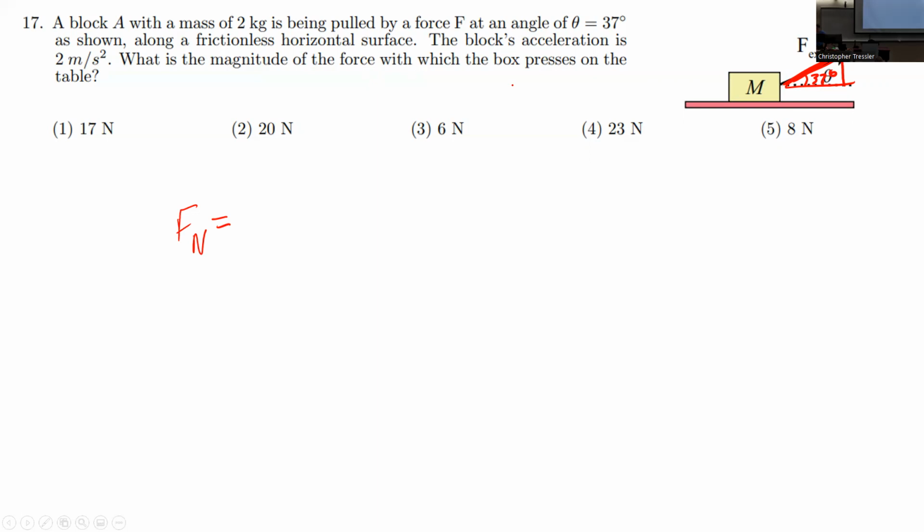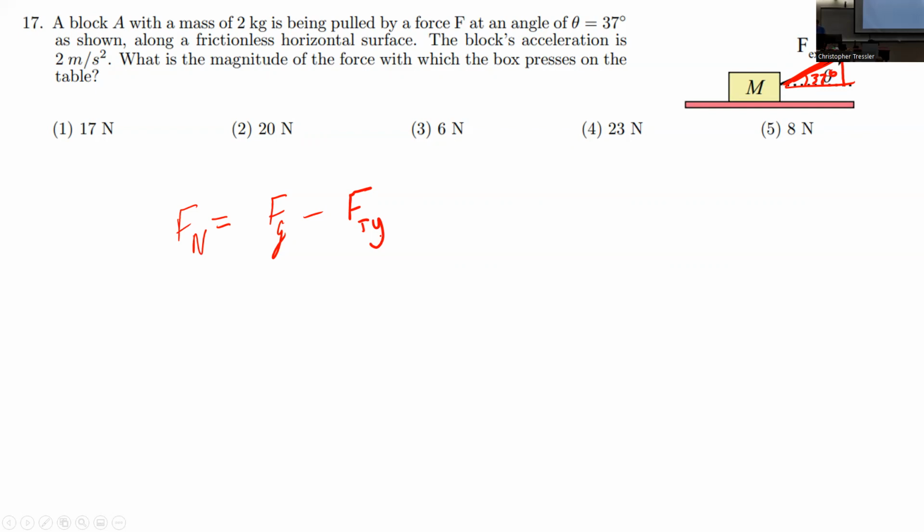Yes, that's our normal force. So it's going to be equal to mg, or rather our force of gravity, minus the y component of the force of tension.